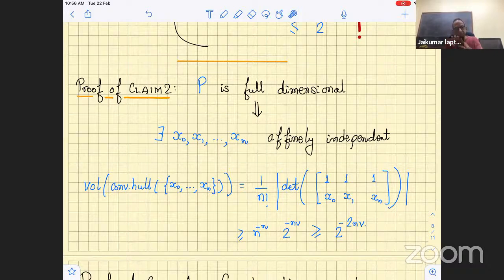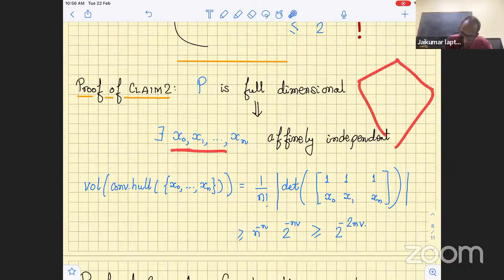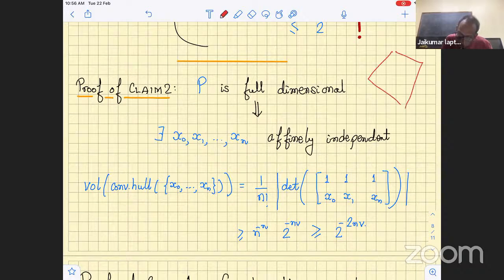If there were only n points, then you should be able to find them inside the polytope. So for example, in 2 dimensions, if it was not a line and it was a solid, then it must contain a triangle. So there must be these 3 vertices which are not all on the same line.